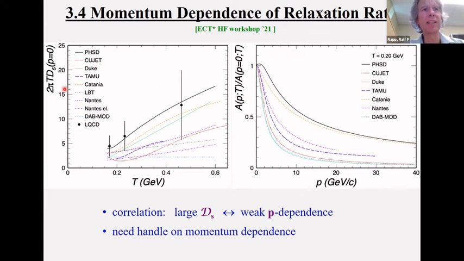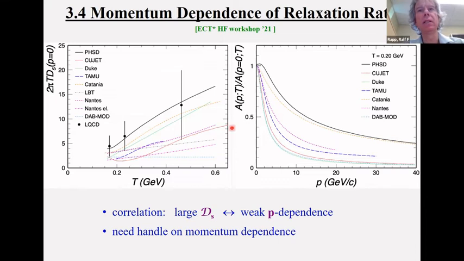On the left-hand side we plot this 2 pi DS again, and you see that the calculations, I wouldn't say all over the place, but have a spread that is uncomfortably large. All of them are supposed to describe the heavy flavor phenomenology more or less well.